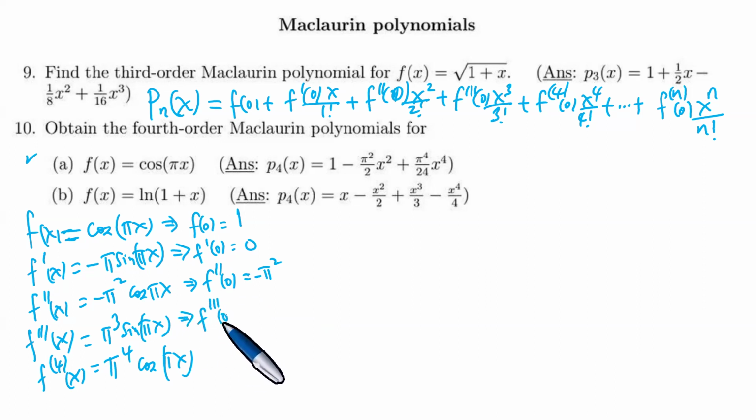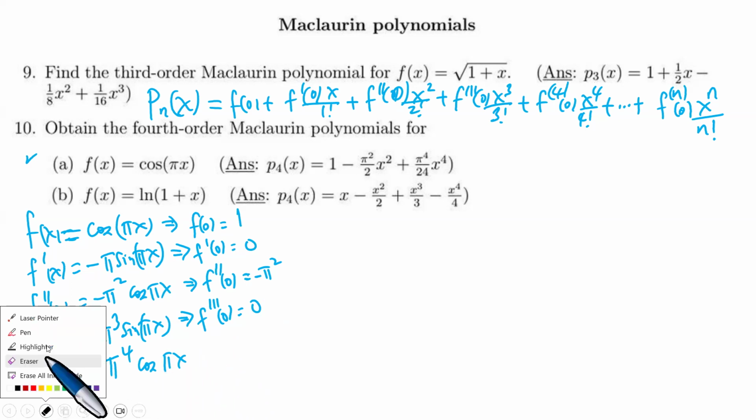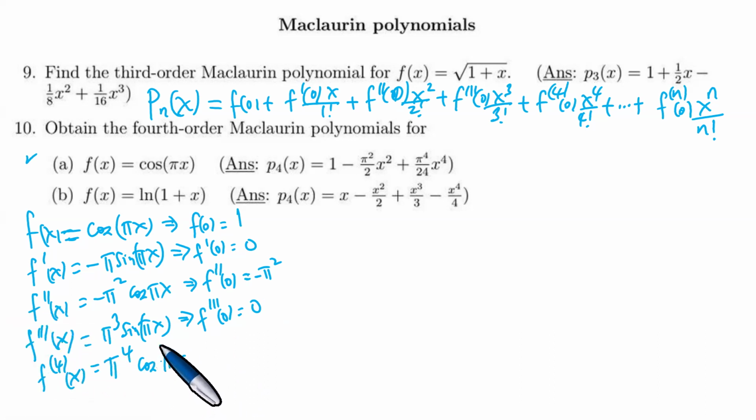The third derivative is 0. Which is the fourth one, which is pi to the fourth power.